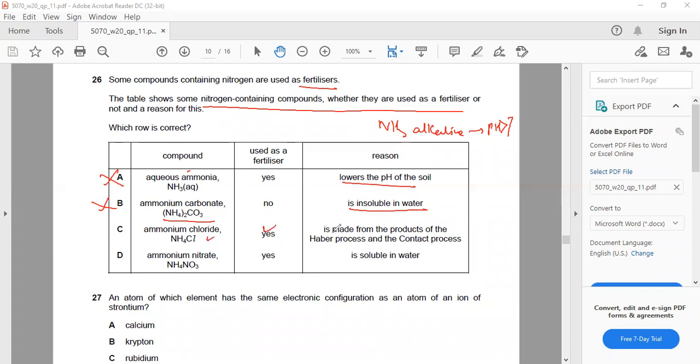But the reason, made from the products of the Haber process and contact process, is wrong. From the contact process, we prepare sulfur dioxide, sulfur trioxide and sulfuric acid finally. So C is also wrong. Ammonium nitrate is soluble in water. Yes, which is why we use it as fertilizer. If it is not soluble in water, we should not use it easily.